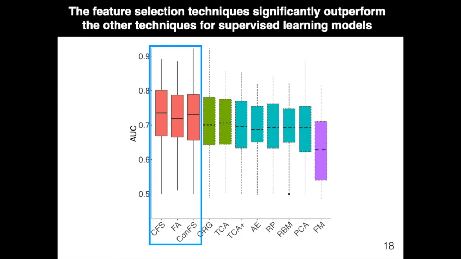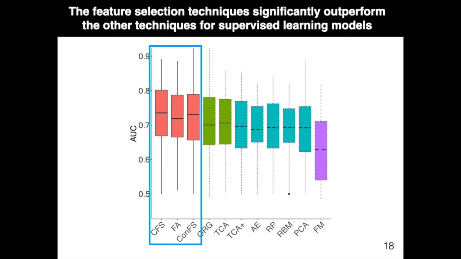So this slide shows the defect prediction performance for feature reduction and selection techniques as box plots with the Scott-Knott ESD test result. Different colors indicate a significant difference. The higher the value, the better the performance.